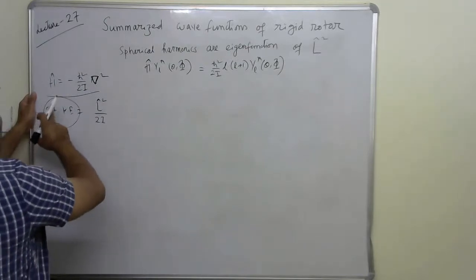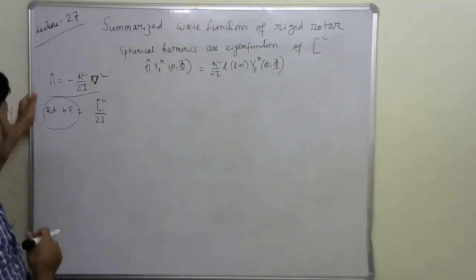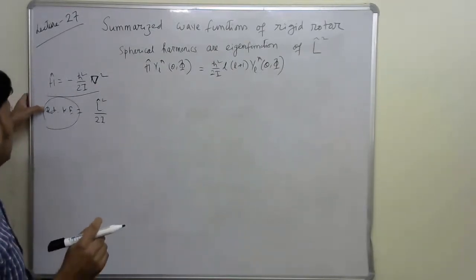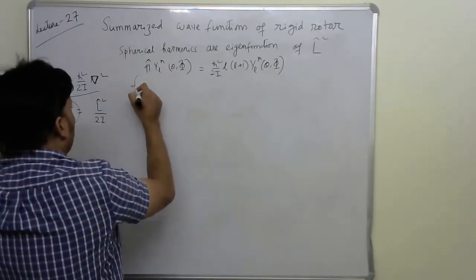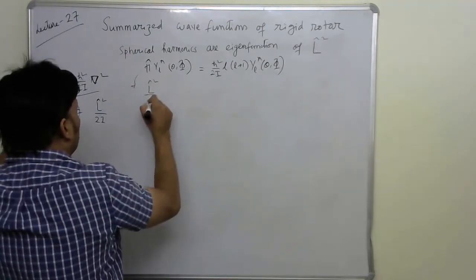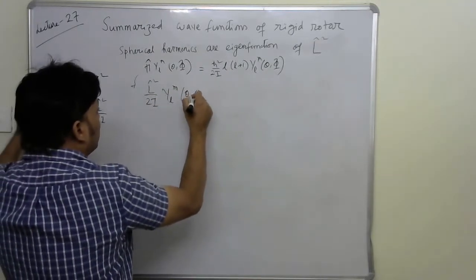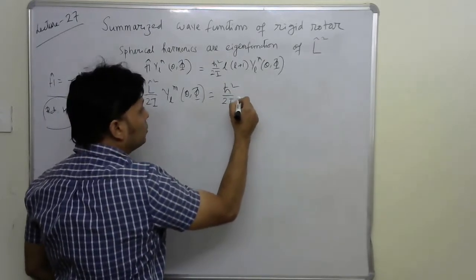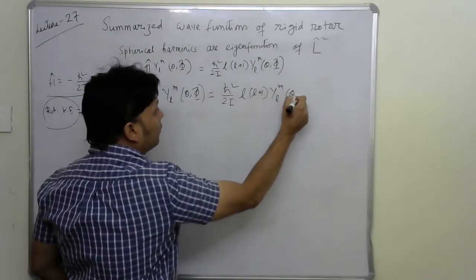So here H is basically L square by 2I, because the Hamiltonian for the rigid rotor is the operator for rotational kinetic energy. So we can replace it: L square divided by 2I, Y_L^M(theta, phi), is equal to h cross square divided by 2I, L into L plus 1, Y_L^M(theta, phi).